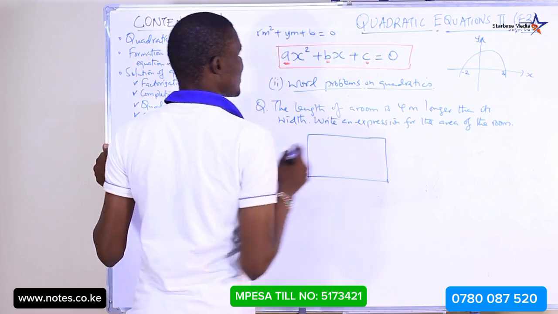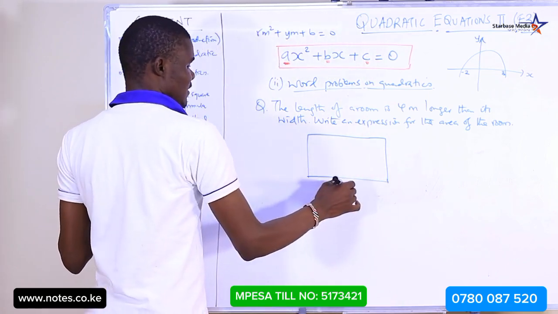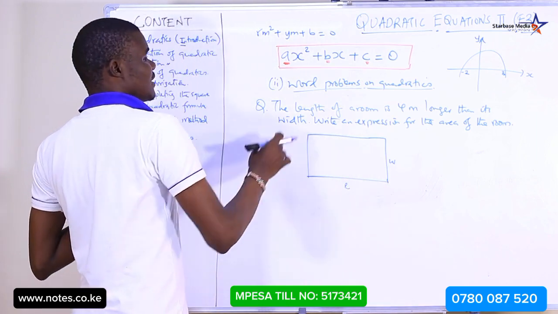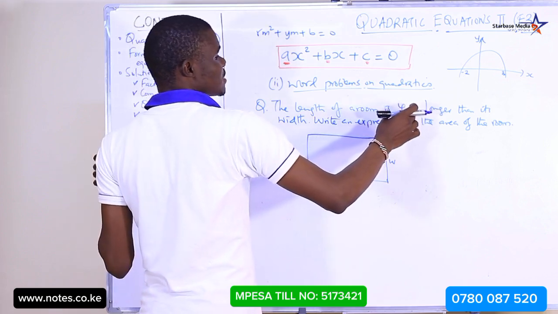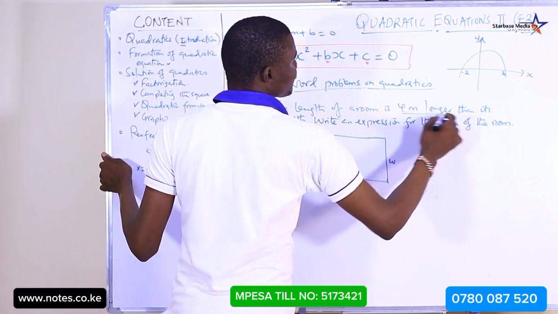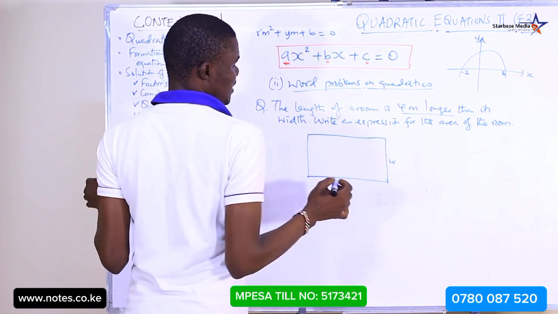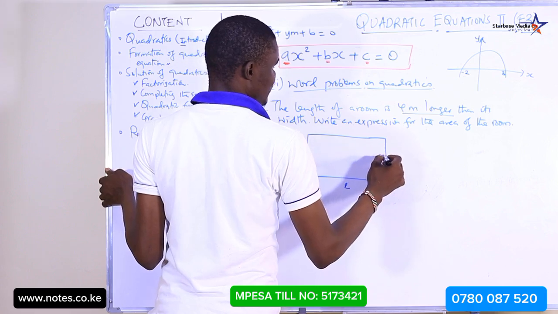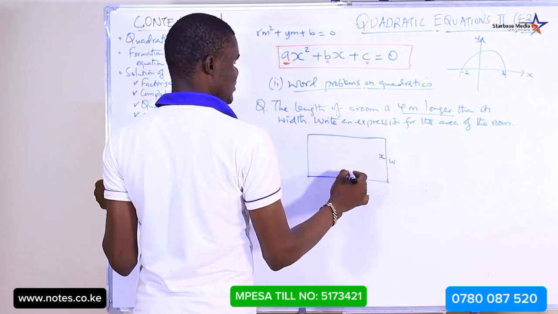Assuming this is our rectangular room, we know this is length and this is width. Then we are told that the length of a room is 4 meters longer than its width, meaning if we give the width x, then this will be x plus 4.